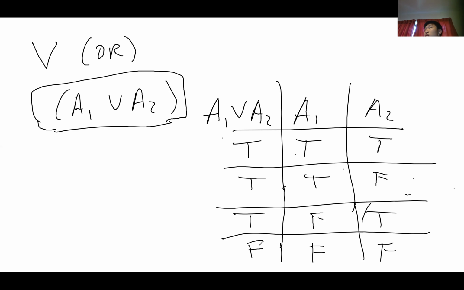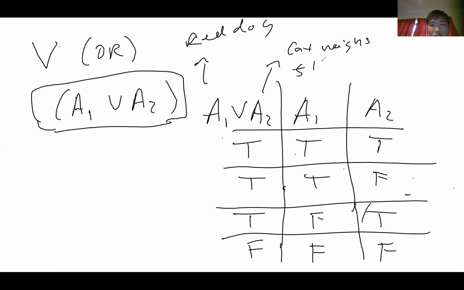Going back to the dog and cat example, if we say A1 represents the dog is red, and A2 is the cat weighs 5 pounds, then this statement is: the dog is red or the cat weighs 5 pounds.